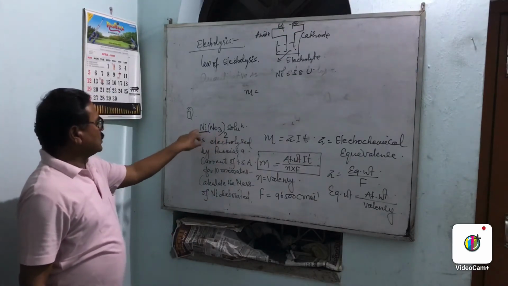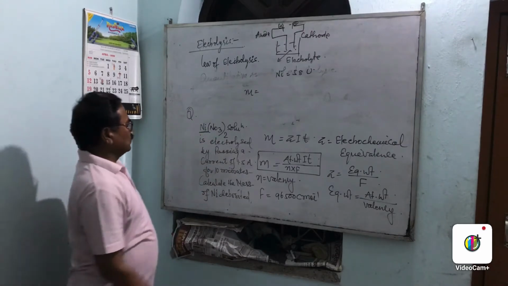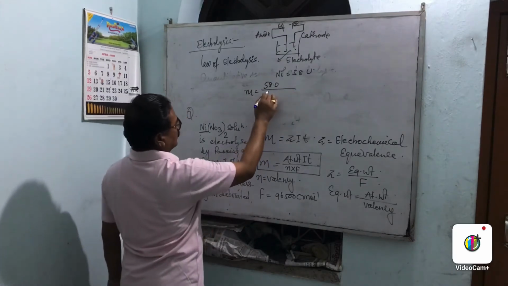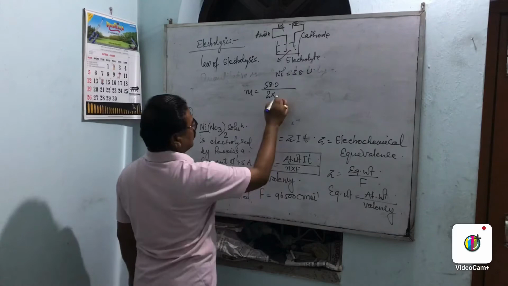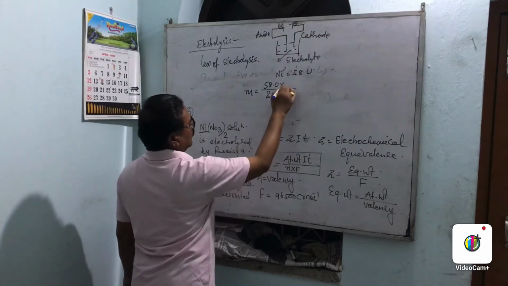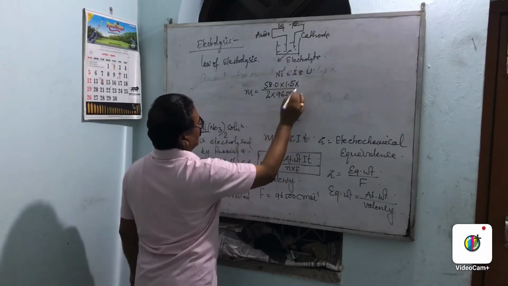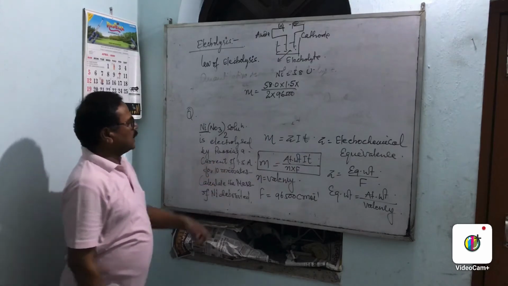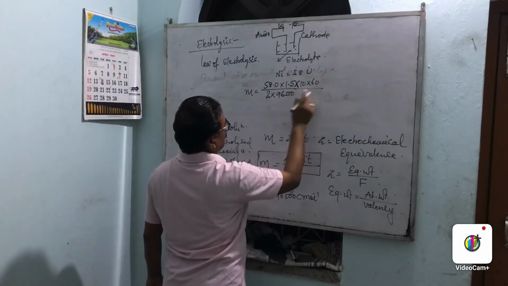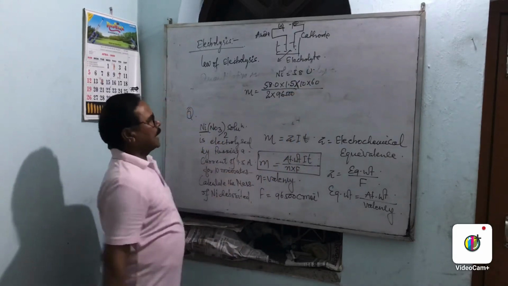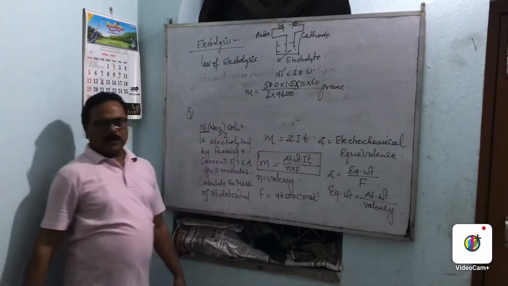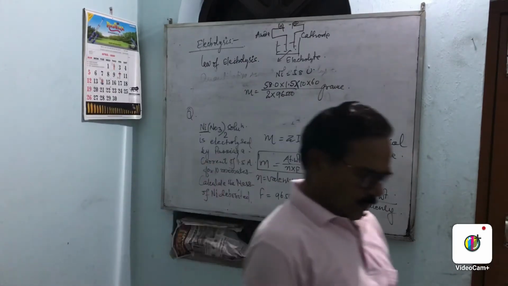The valency of nickel is 2, so 58, N is 2, into 96,500. I is 1.5 ampere. Time is given in minutes, converted into seconds: 10 into 60. The coulomb cancels out and the mass will be calculated in gram. This is a simple way, just putting values into the formula.